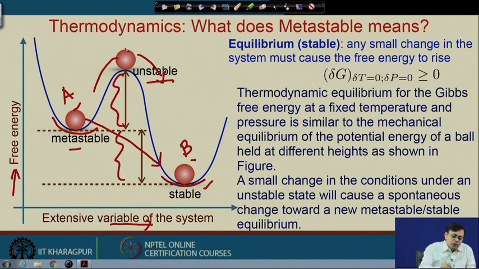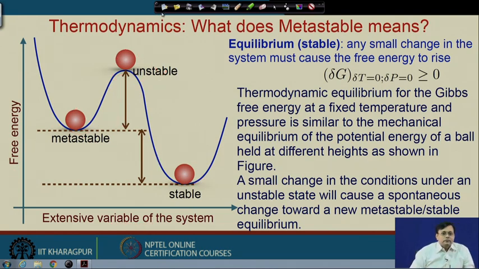So, if we keep the ball here, there are two possibilities: either the ball may come into this B or it may go back to A, and therefore, the equilibrium, this terminology means that any small change in the system must cause the free energy to rise.